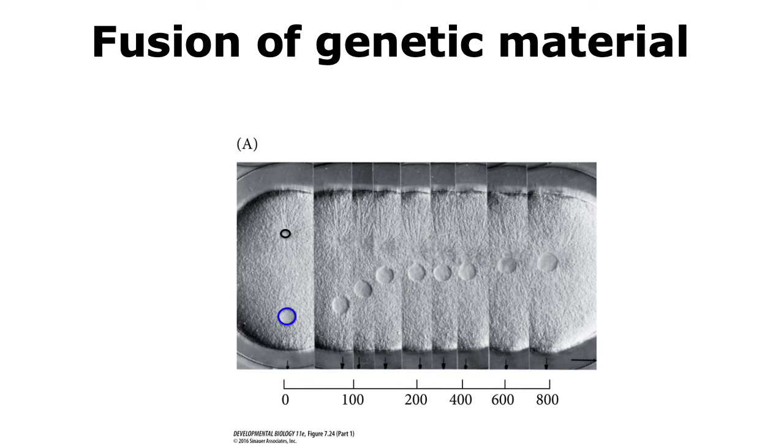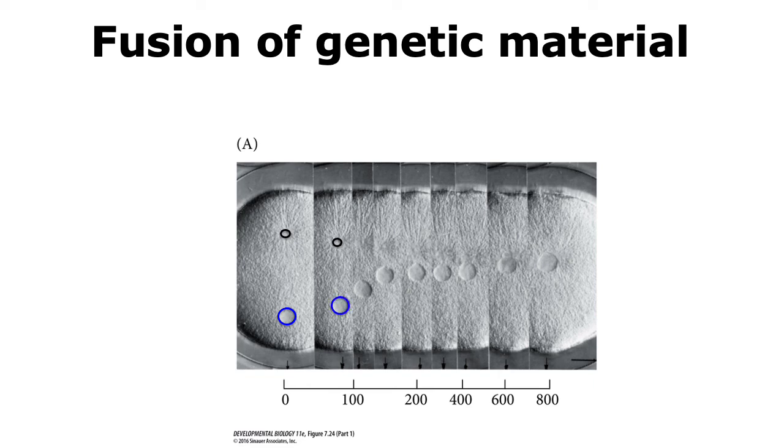Now we are looking at this egg cell at different time periods, which is what the numbers below show. So at the 0 time point, please observe the location of the female nucleus, which is present as a blue circle, and the male nucleus that is shown in the form of a black circle. Now around the male nucleus we can see the thread-like projections, which are the microtubules that are forming and spreading throughout the zygote.